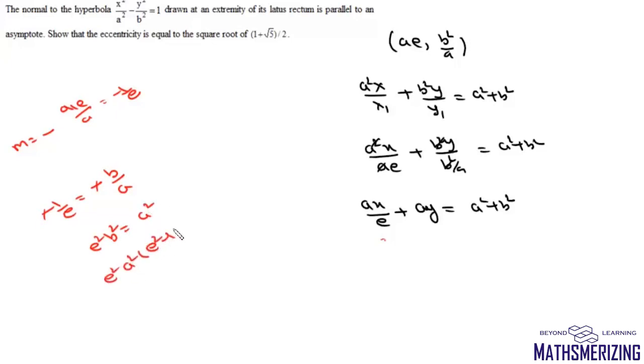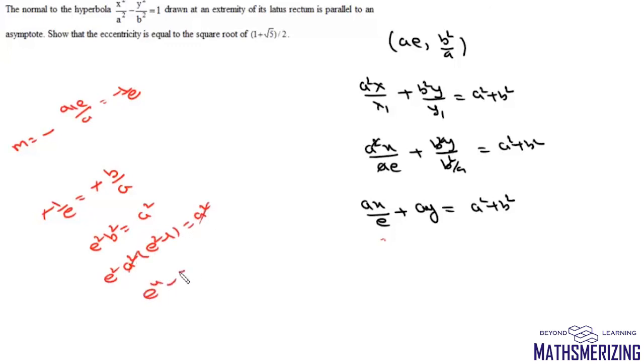Now we'll write the slope of this normal. The slope of this normal is minus the coefficient of x upon the coefficient of y. So it will be minus (a upon e) upon a, so there will be minus 1 upon e, and minus 1 upon e must be equal to one of the slopes of the asymptotes. So it is minus b upon a. So it will cancel. We'll get e square b square equals a square. Now b square is a square into (e square minus 1), and that's a square, which will cancel.